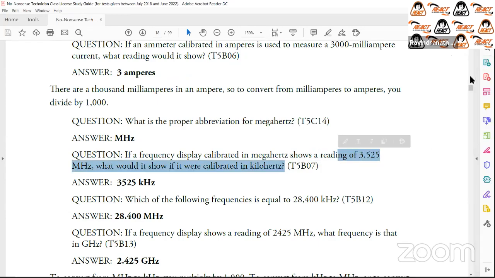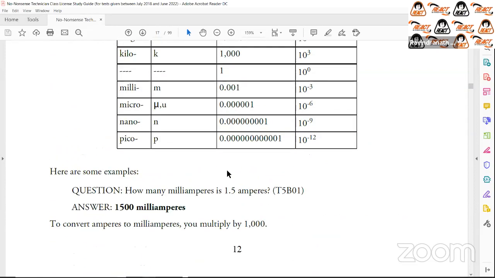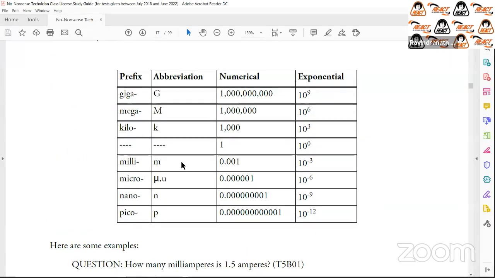Well, we come back to our trusty table. And look, we have it right here. Kilohertz to megahertz: to go from one of these terms to the next, it's 3 decimal places. So a megahertz is 1,000 kilohertz. To go from one to the next, the multiplier is 1,000.